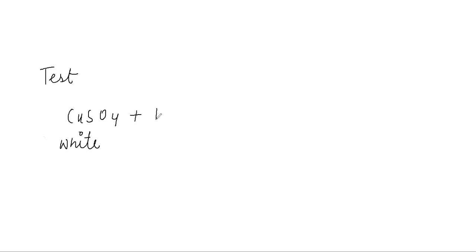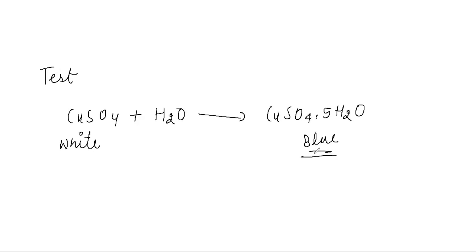But when it comes in contact with water, it adds 5 molecules of water, known as the water of crystallization, and changes into the blue color. So that is going to tell you that if water vapor is there, it will convert our anhydrous copper sulfate, which is white in color, into the copper sulfate crystal, which is blue in color. Got it? That is the first test which we can do to confirm it.